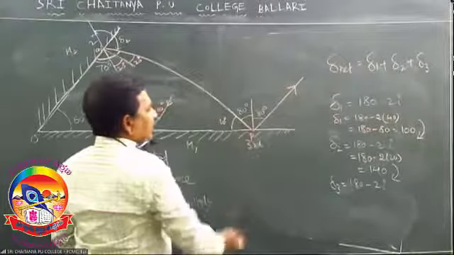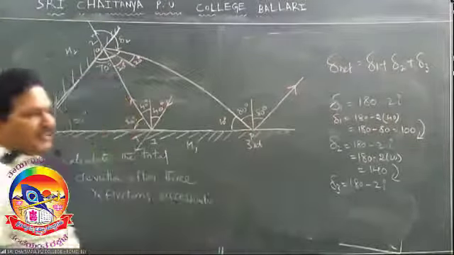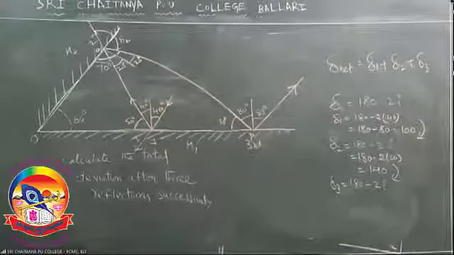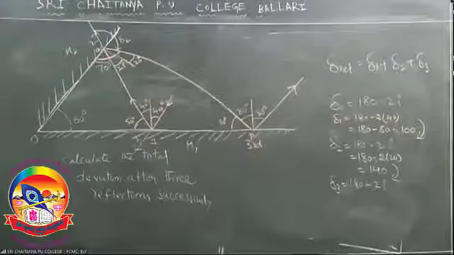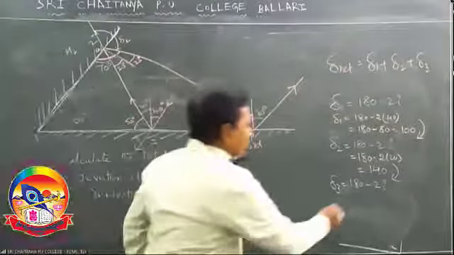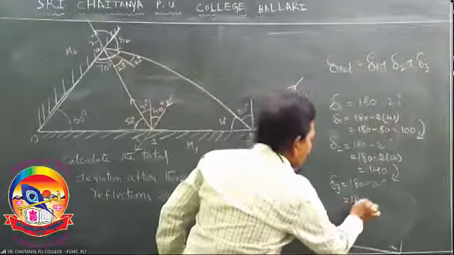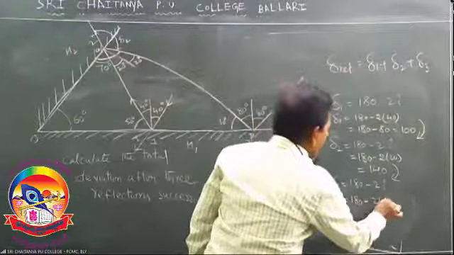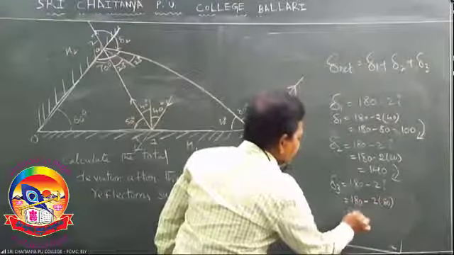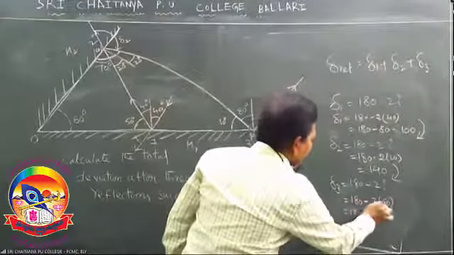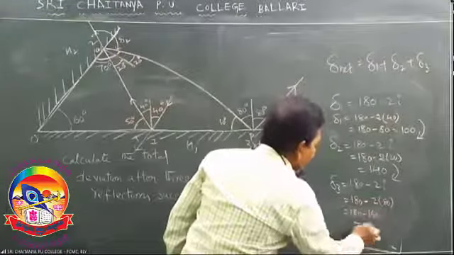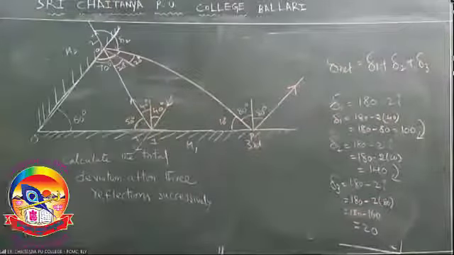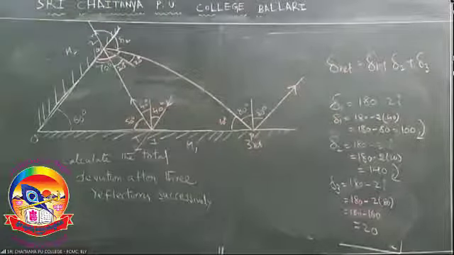Now at this point, what is the angle of incidence? The angle of incidence is 80. So delta 3 is equal to 180 minus 2 into 80, which is 180 minus 160, that is 20. But the direction, is it clockwise or anti-clockwise?